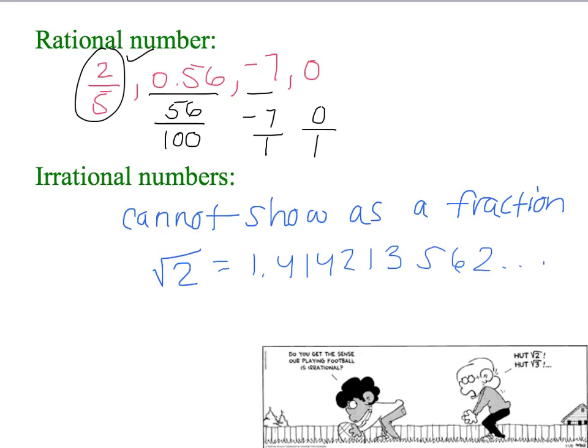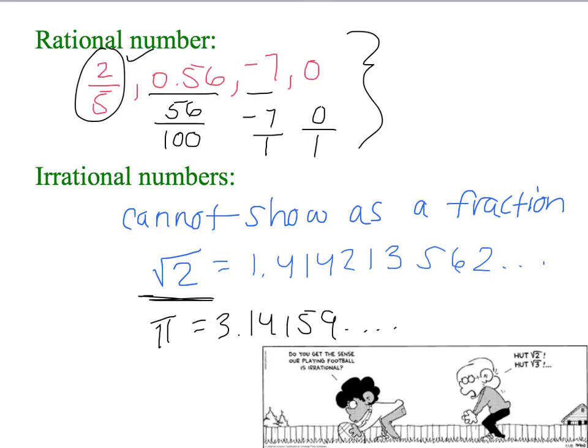So there's no way to show square root of 2 as a fraction. And pi, which is 3.14159, and it just keeps going on forever, is also a number that there's no way to show as a fraction.